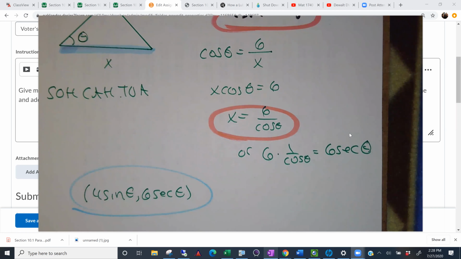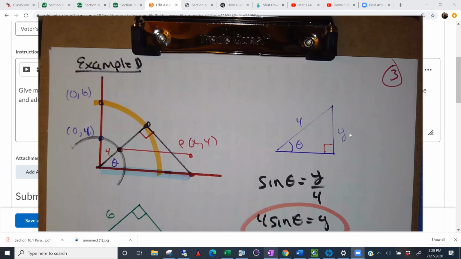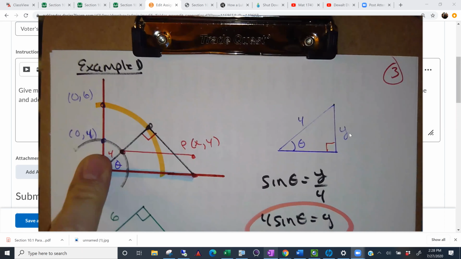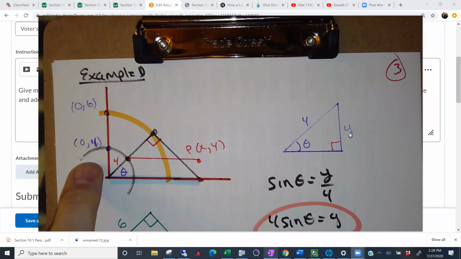How's example D look? Is that all right? I'm kind of confused on where you got the lengths for the sides from. Oh, they have to give that to you in the problem. So that came from my initial drawing. You're on a circle. The smaller circle has a radius of 4. The larger circle has a radius of 6.